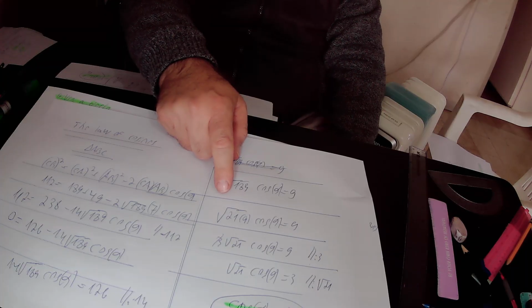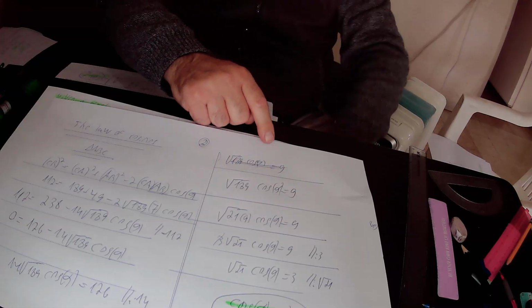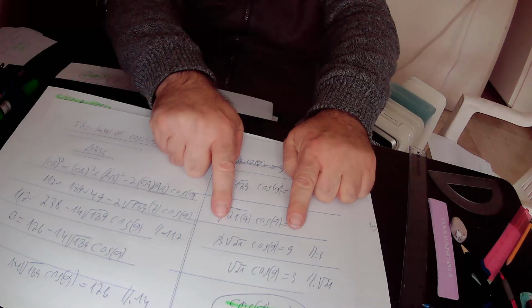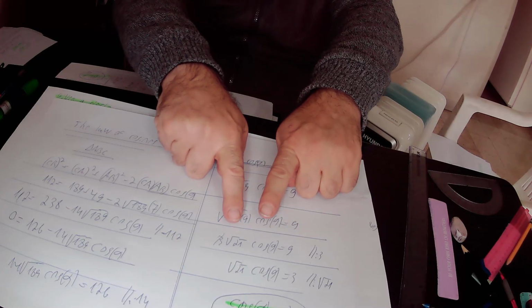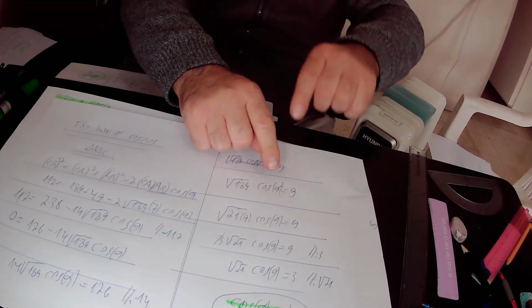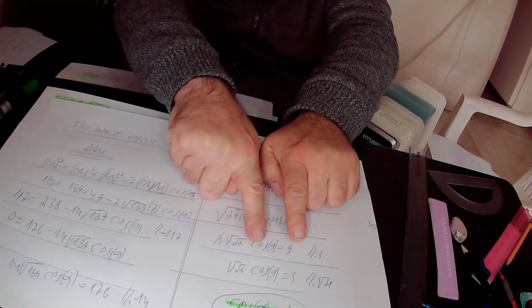So this expression equals 3 times square root of 21 times cosine alpha equals 9. Here we divided this equation by 3. So 3 gets cancelled, and we are left with only square root of 21 times cosine alpha. 9 over 3 is 3. So the square root of 21 times cosine alpha equals 3.